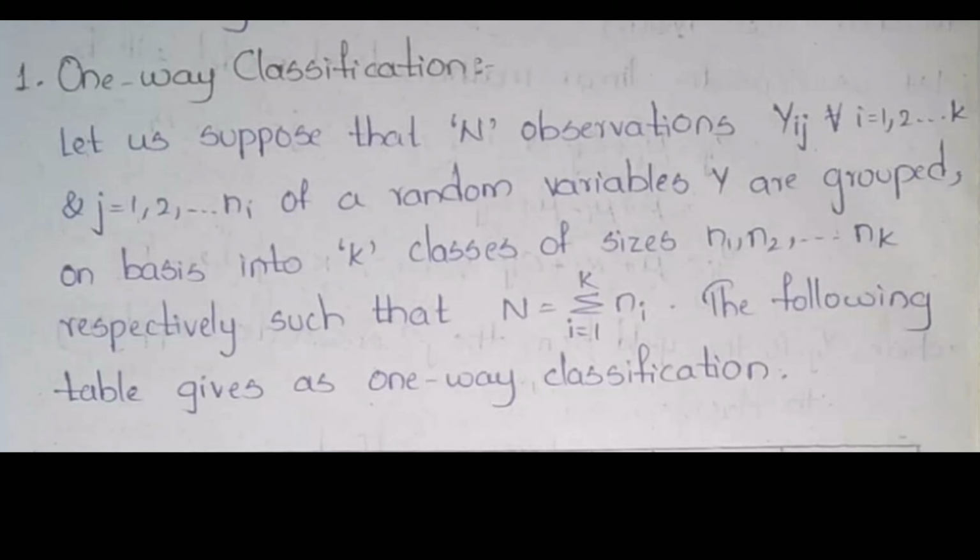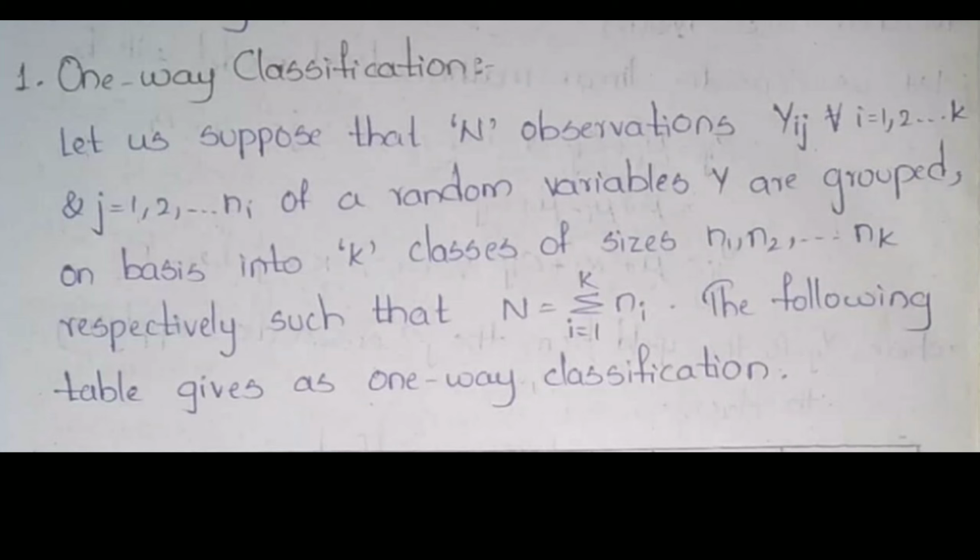Let us suppose there are capital N observations, denoted by Yij, for i ranging 1, 2, 3, 4 up to k, and j ranging 1, 2, 3, 4 up to ni. So the Y are grouped into k classes.